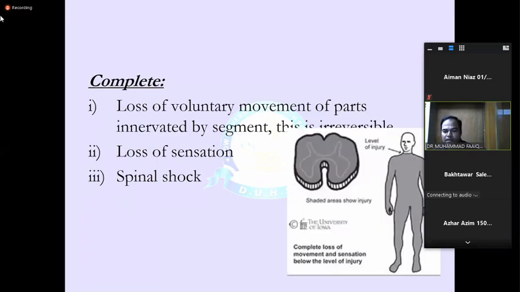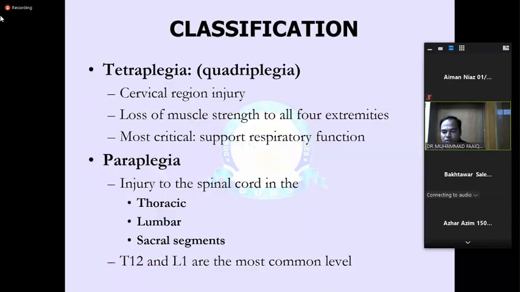Same thing we have already discussed. As I told you, the patient may develop quadriplegia or paraplegia if there is an injury in the spinal cord, depending upon the level. For example, if there is an injury in the cervical region, obviously the patient will develop quadriplegia because the corticospinal tract is involved, and below the level of injury both upper and lower limbs will be affected.